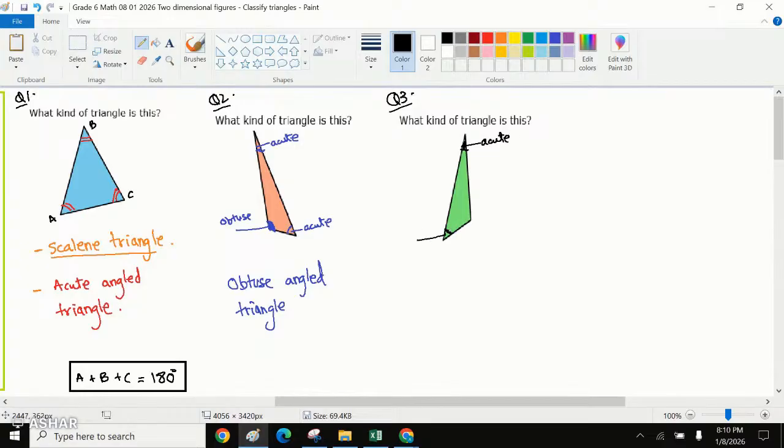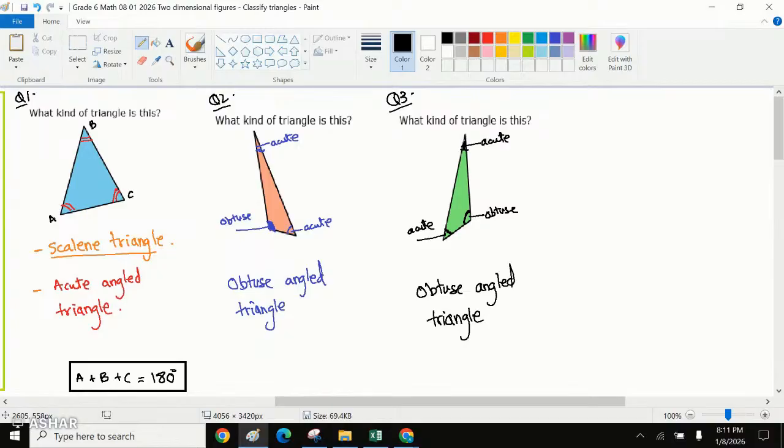This angle was acute, but this angle was obtuse. Agreed? So again, we say that this question number 3 is an obtuse angled triangle. So whenever we use the term obtuse angle triangle, we know that there is one angle that is greater than 90 degrees.